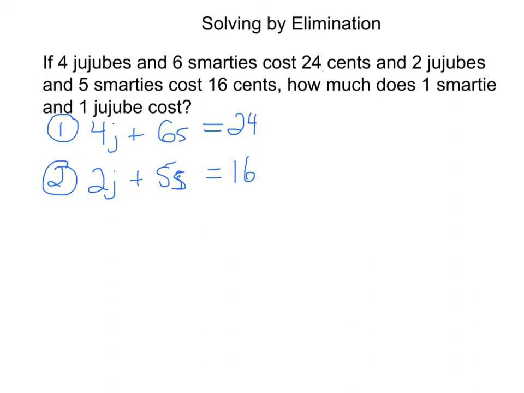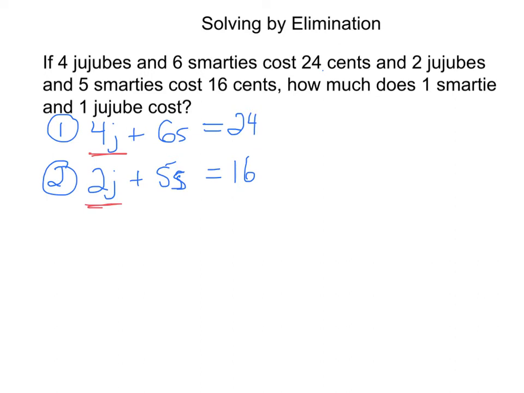Right away I notice that my number of jujubes is 2 and 4 for equation 1. So if I multiply equation 2 by 2, I'm going to have the same number of jujubes, 4 and 4. So that's what I'm going to do.